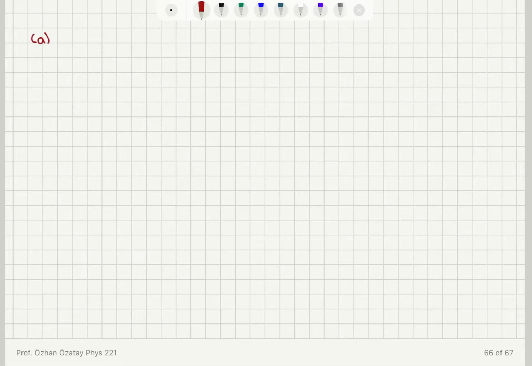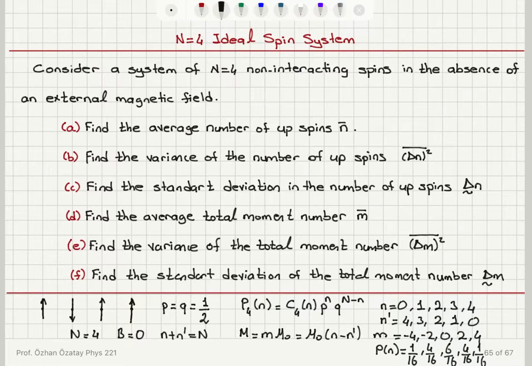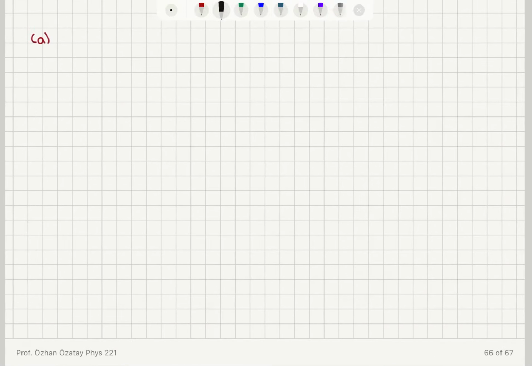Find the average number of up spins, n bar. So n bar, by definition, is the probability of having an n value multiplied by the n value, where n goes through all of its possible values from 0 to 4.